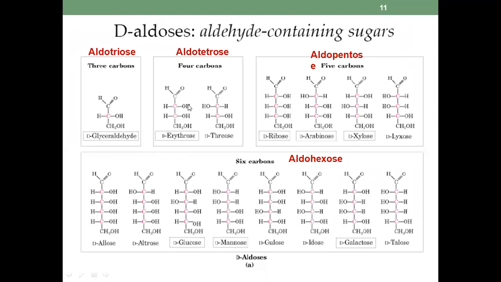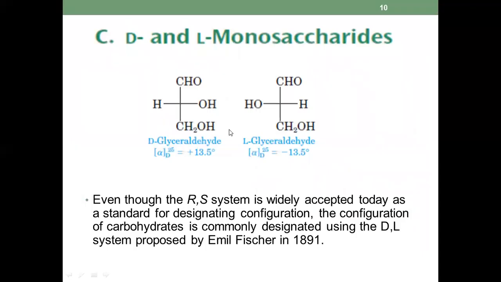So what we had introduced last meeting again is the aldehyde-containing sugars. You have 3, 4, 5, 6 carbon-containing sugars: the aldose, triose, tetrose, pentose, and hexose. And what we have learned is that all the stereochemistry in the carbohydrates is based on D-glyceraldehyde. In the D-glyceraldehyde Fischer projection, the OH is on the right side.